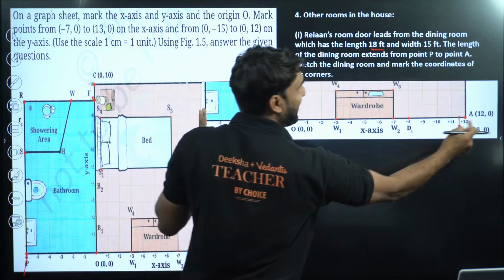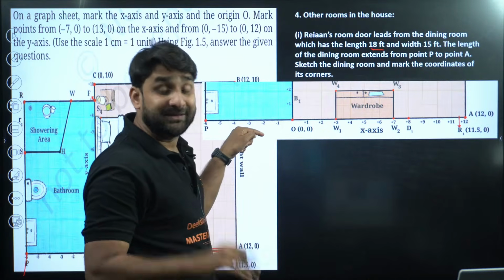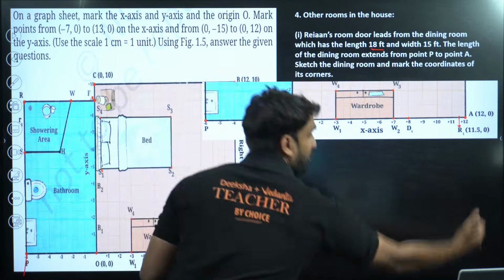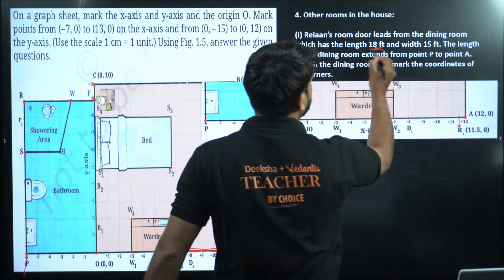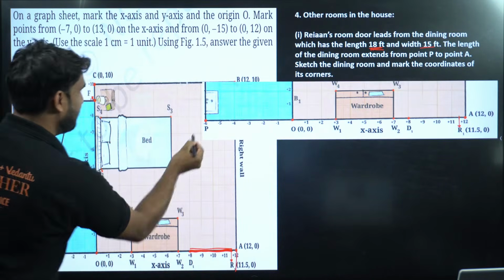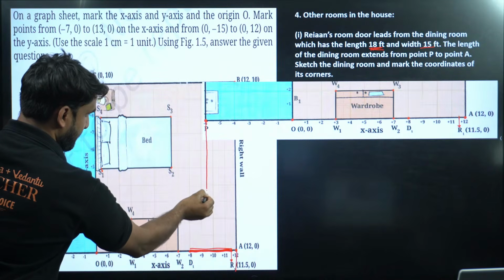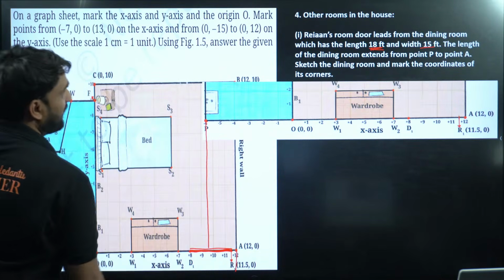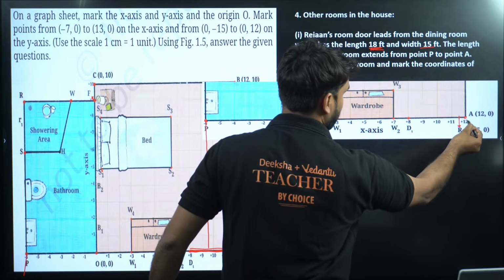This wall is of the dining room also, and here is the dining room. What is the length of the dining room? The length is 18 feet and the width is 15 feet. So this wall will be 15 feet. Please ignore this diagram, and focus here. This wall will be 15.